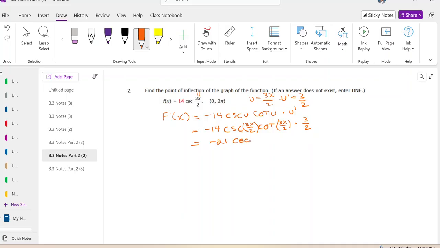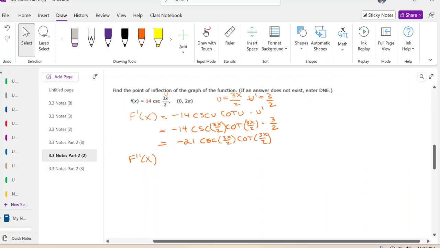cosecant 3x over 2 cotangent 3x over 2. So now we have to take the double derivative, the second derivative. So we have to take derivative of that.